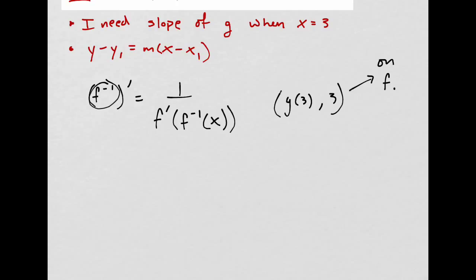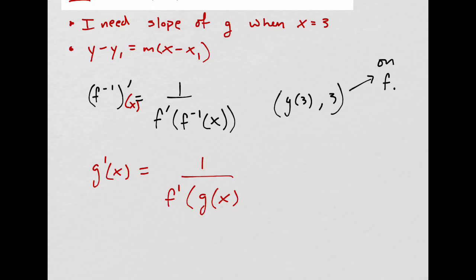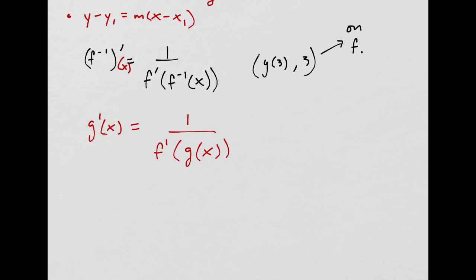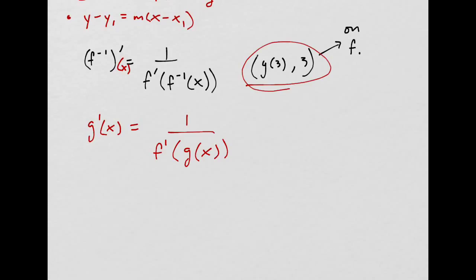Instead of writing f inverse, I'm going to write g. So the derivative of g, g prime of x, will be 1 over f prime of g of x. Well, look at this. That, I already know.